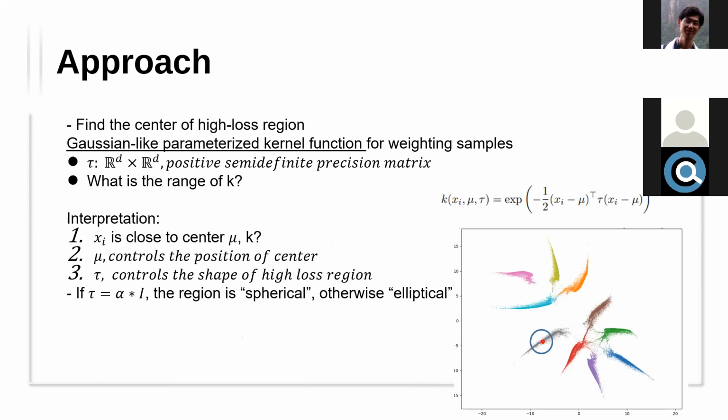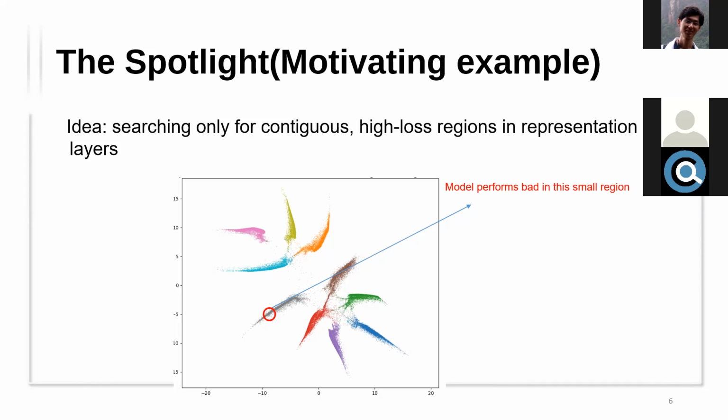And so here, maybe we have a question: why the systematic error? My question is why the systematic error will present such a feature that it will be found on a continuous and high loss region. Because you want to find a subset of data that the model performs poorly in, right?